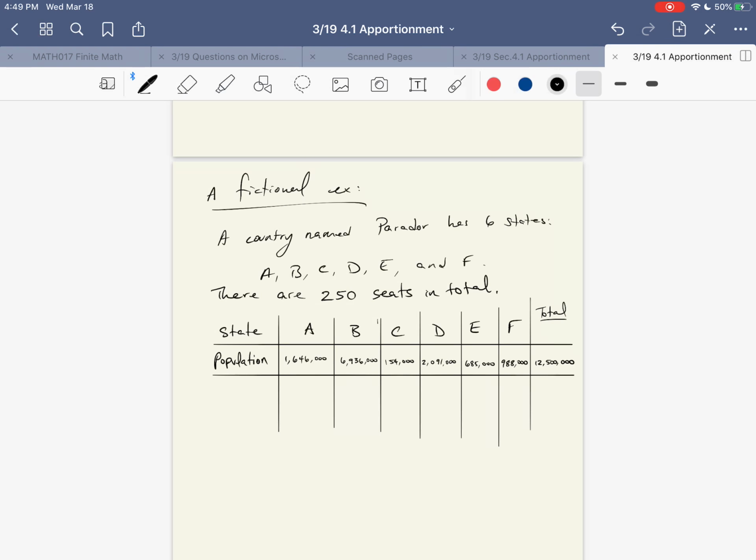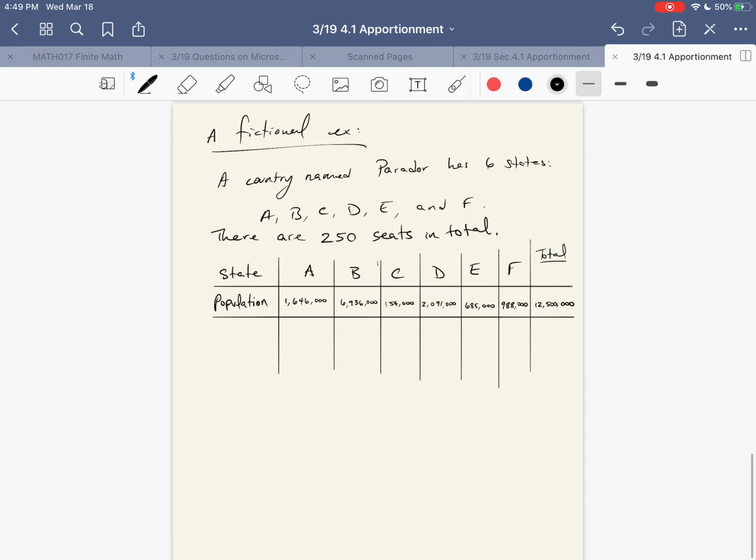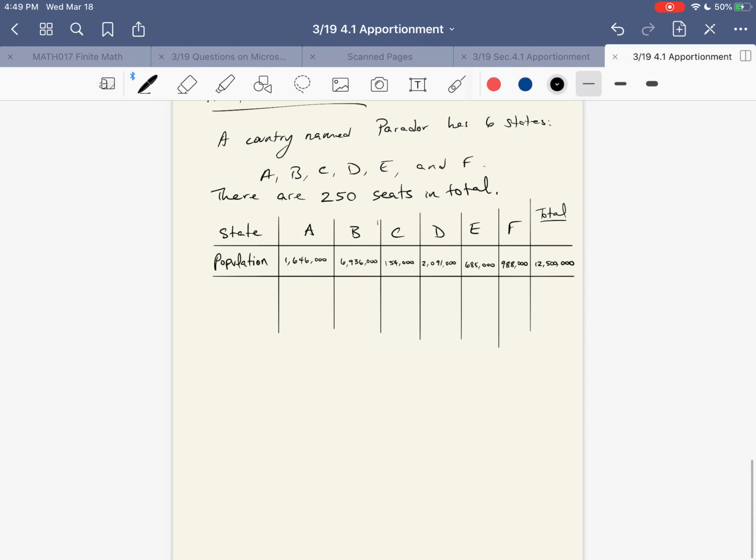Now, the question is, how do we divide up these seats between each state? Their populations clearly vary significantly, so if we want to give away all 250 seats to the states, how many should each state get? Well, let's calculate the standard divisor, shall we?